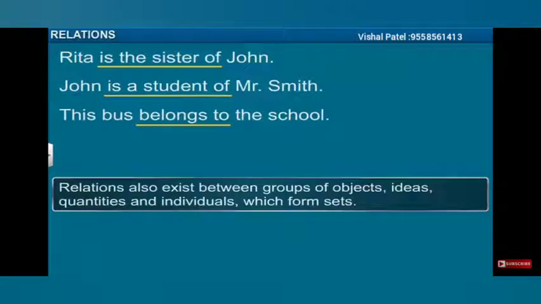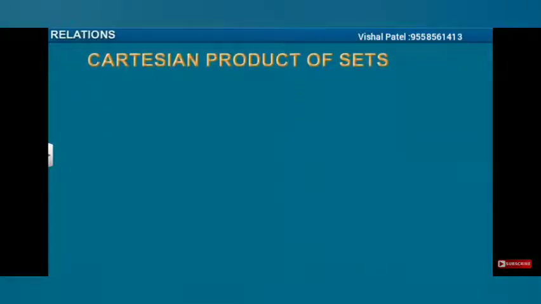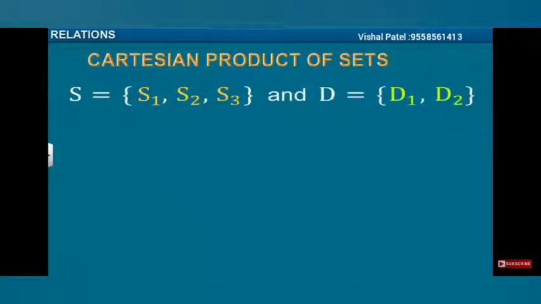So in mathematical language, to understand relation, first of all we recall the topic of Cartesian product of sets. Here S is equal to {S1, S2, S3} and D is equal to {D1, D2}.